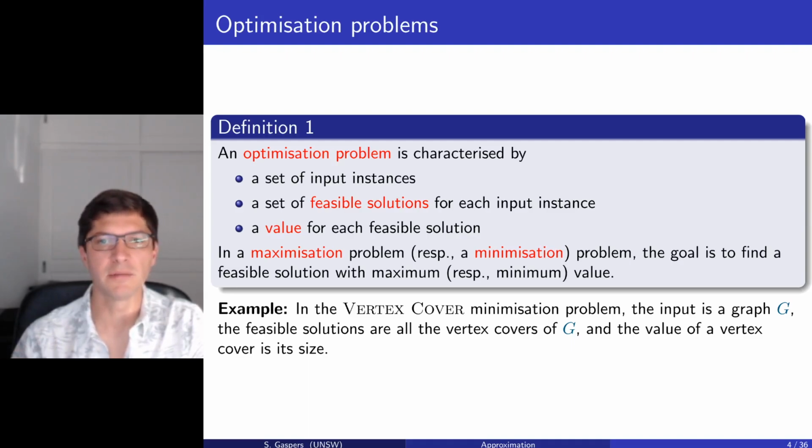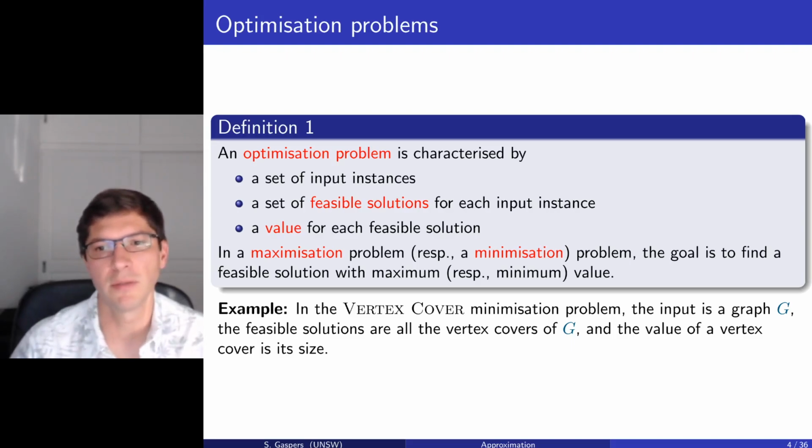In a maximization problem, the goal is to find a feasible solution with maximum value. For a minimization problem, we are going to try and find a feasible solution with minimum value. And so the value of the feasible solution here is what we want to approximate.